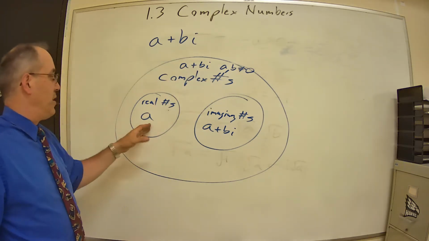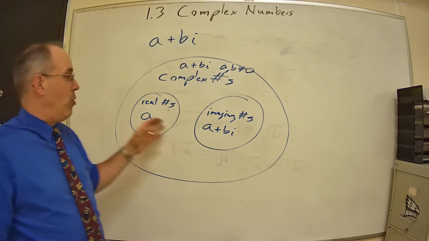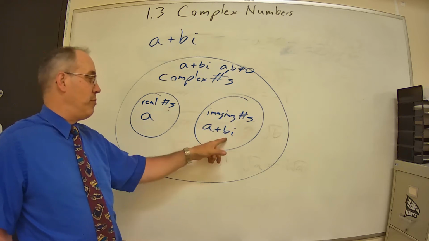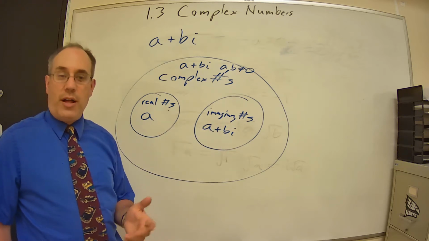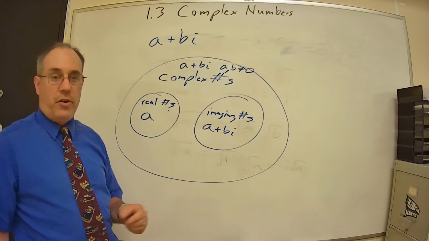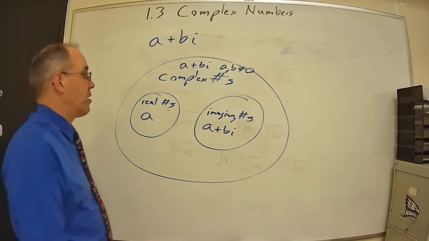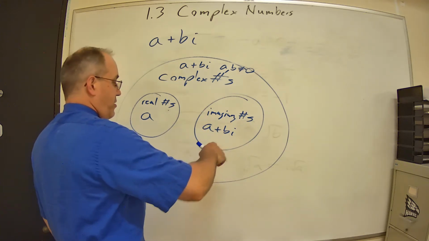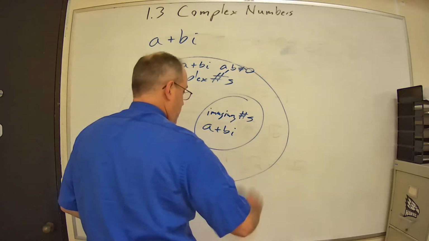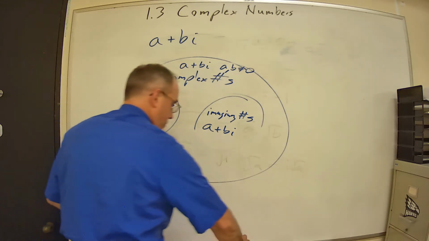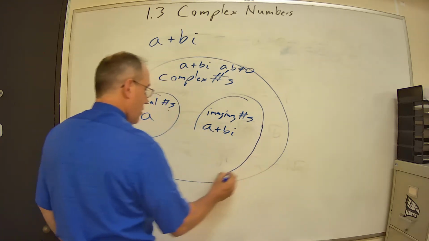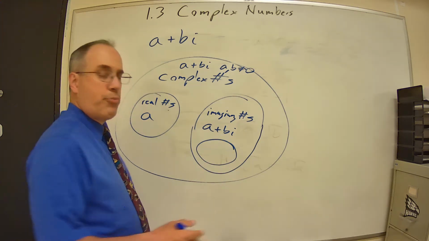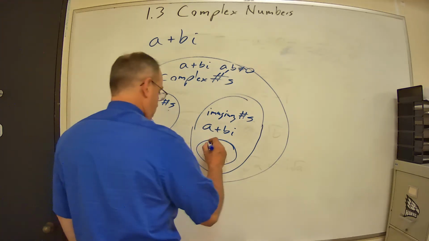It includes strictly real or the imaginary numbers, complex numbers that include imaginary and possibly a real part. But then actually inside of this, if I extend out this circle, you can also have pure imaginary.